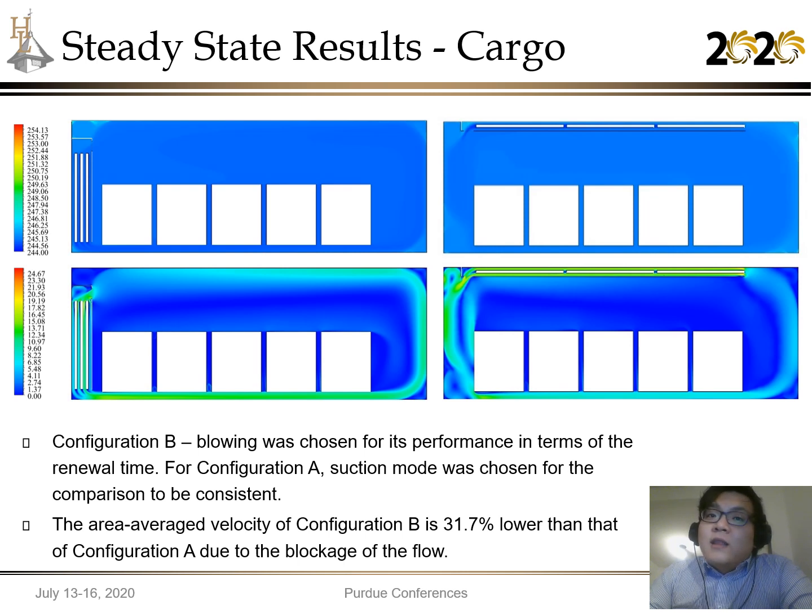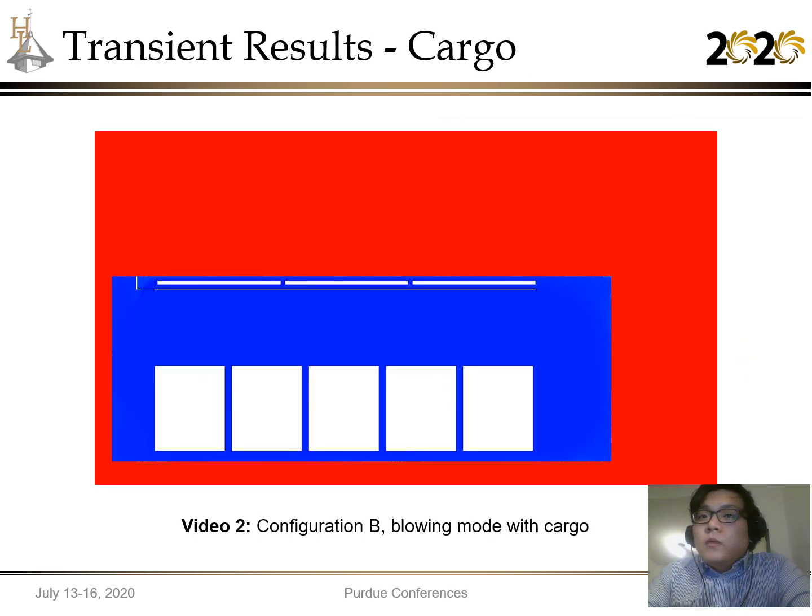Whereas for configuration A, that cannot be seen, as the air from the plates is directly fed into the gap between the bottom of the trailer and the cargo. So this is the transient simulation of configuration B with blowing mode with the presence of the cargo.